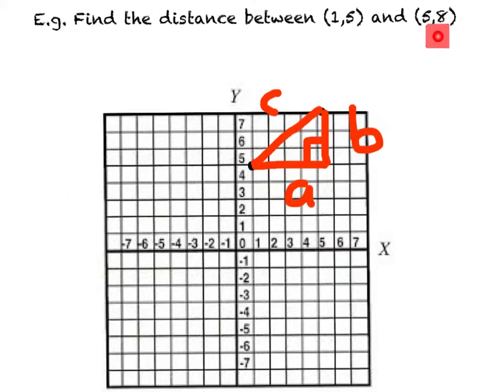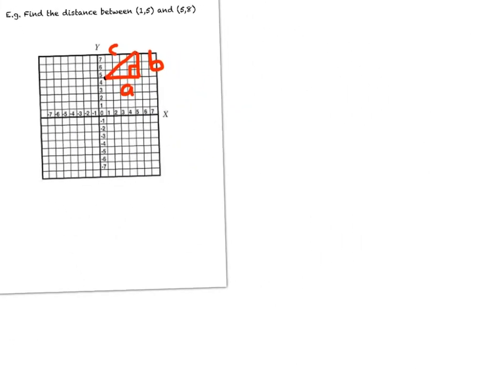Likewise, y2 up here is 8. Look on the y-axis. The other y point is 5 over here. And the difference between 8 and 5 is 3, or I can just count 1, 2, 3. And I can quickly tell the distances there. Let's just zoom right back out there.